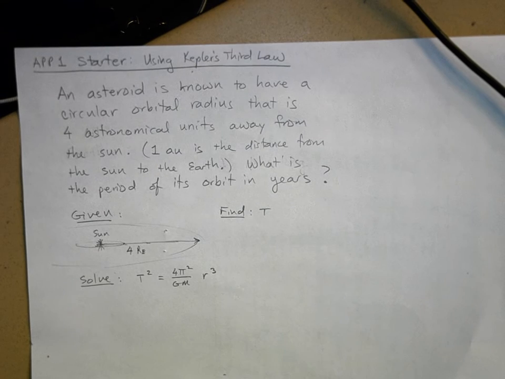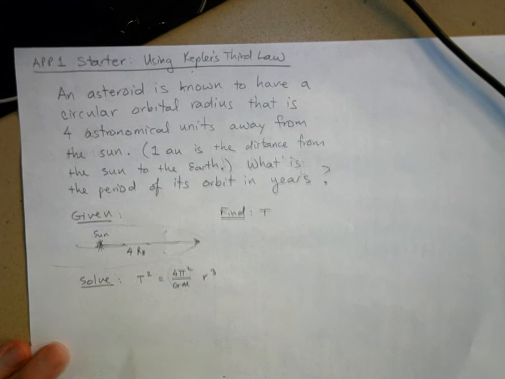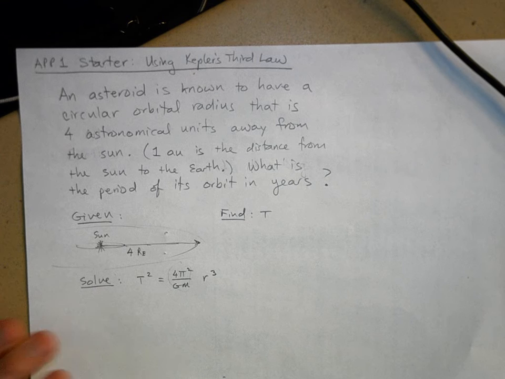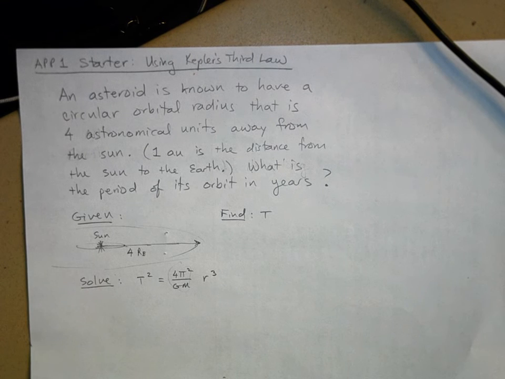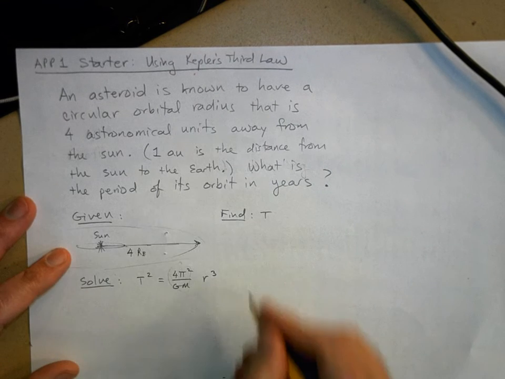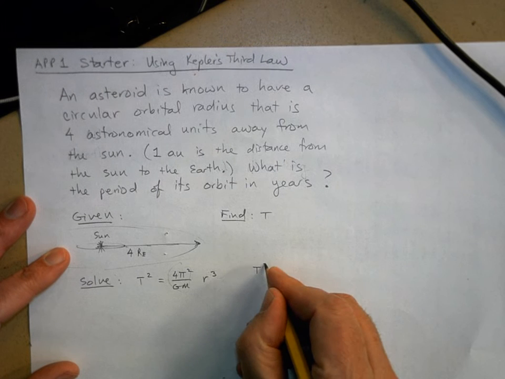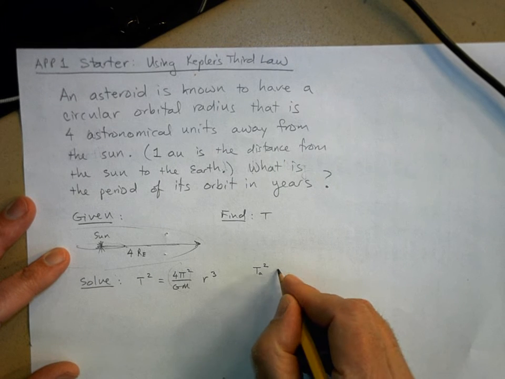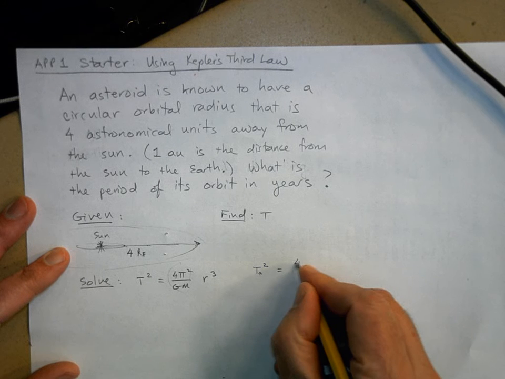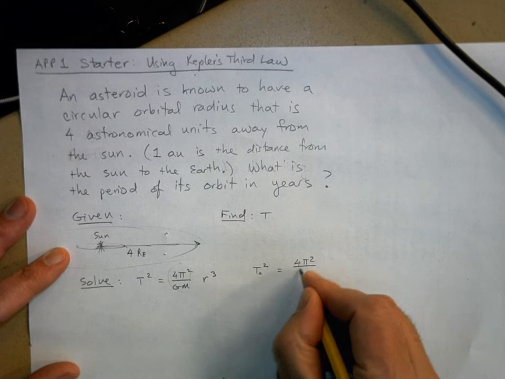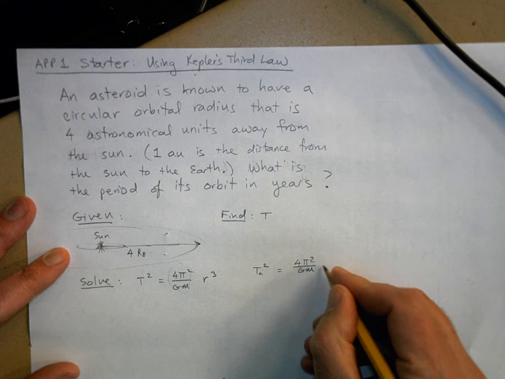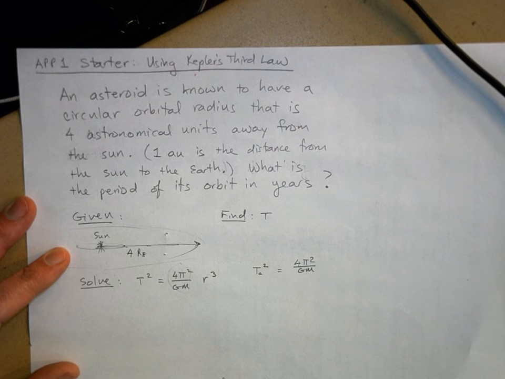All right. But I don't want to have to deal with all this stuff. So here's what I'm going to do. I'm going to do this as a ratio. The period squared for the asteroid is equal to 4 pi squared over GM times the radius of its orbit cubed.